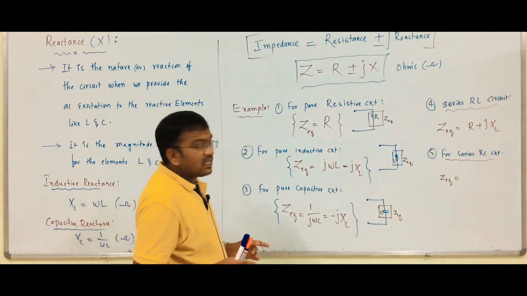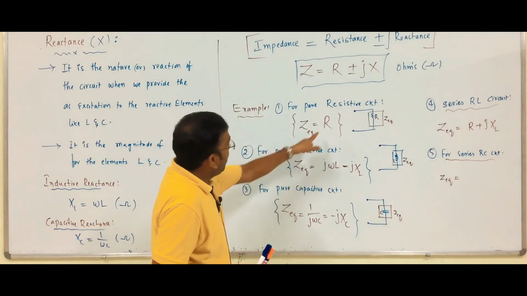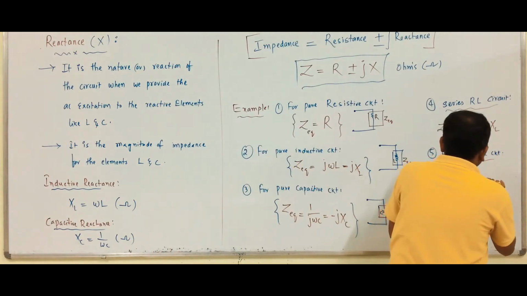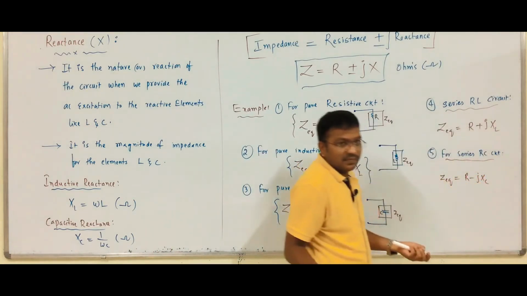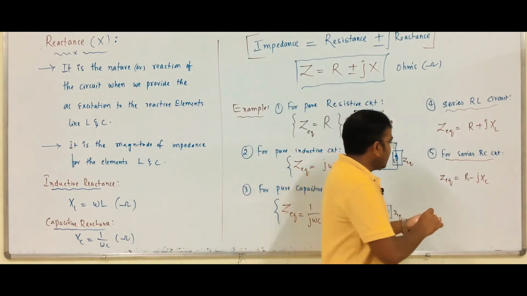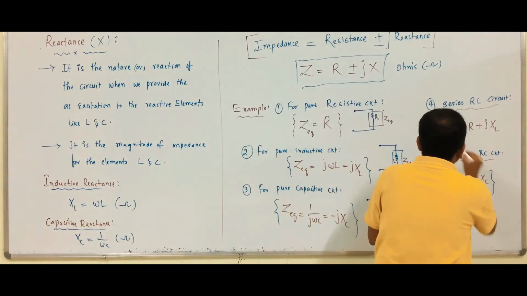Summation of individual impedances, R minus jXC, right? That is it. This is the impedance for series RL circuit, this is the impedance for series RC circuit.